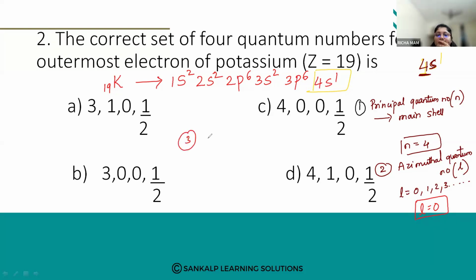Now the third one is the magnetic quantum number, represented by ml. It tells you how many orbitals are present.